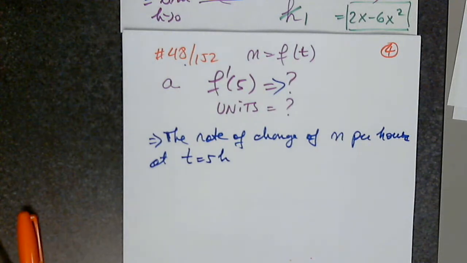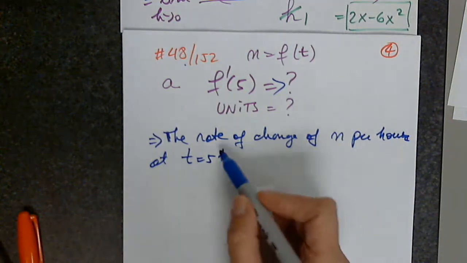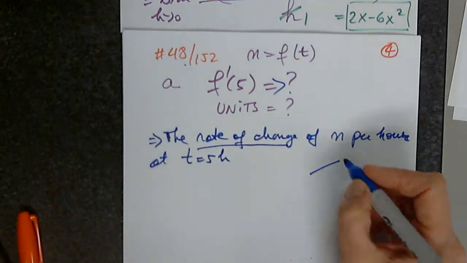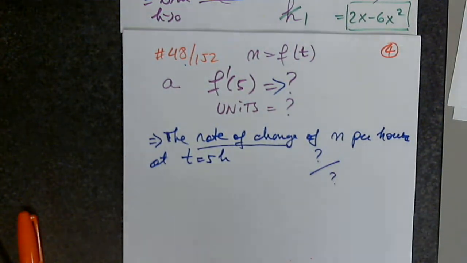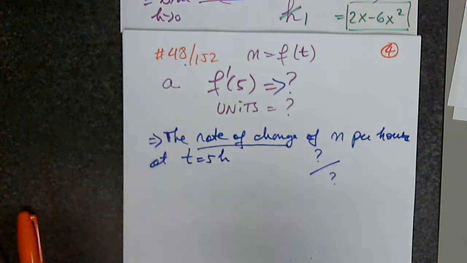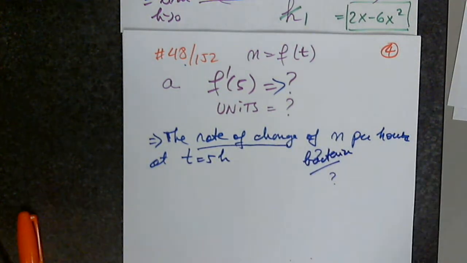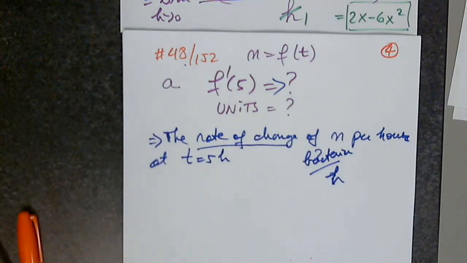Very good. And the measurement unit, because it's a rate of change, has to have a ratio, something over something. Bacteria or number per hour. Very good. Any questions? Is this okay?